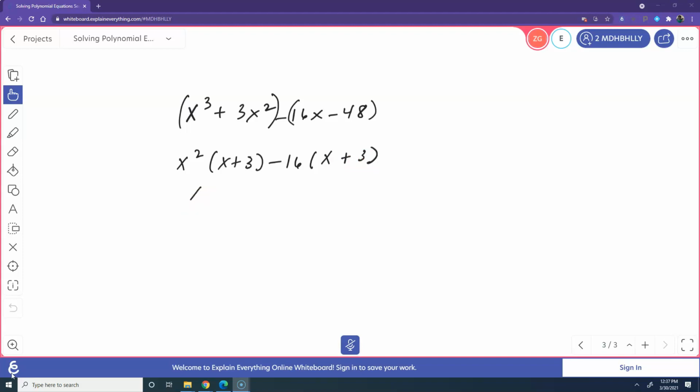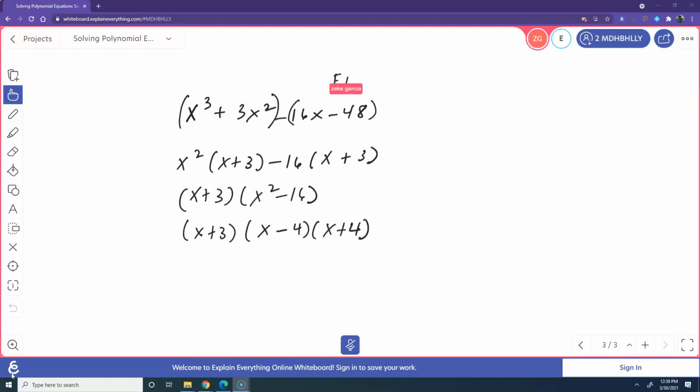Now we factor the x plus 3, and you're left with x squared minus 16. And we know that x squared minus 16 is a difference of squares. So you have x plus 3 times x minus 4 times x plus 4. And this is factoring by grouping.